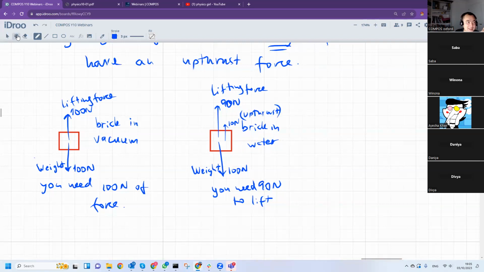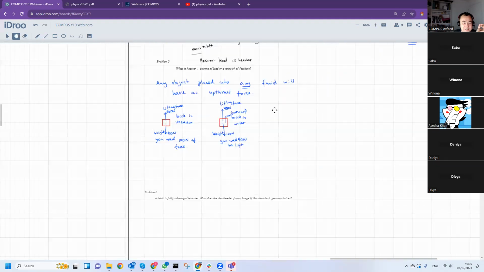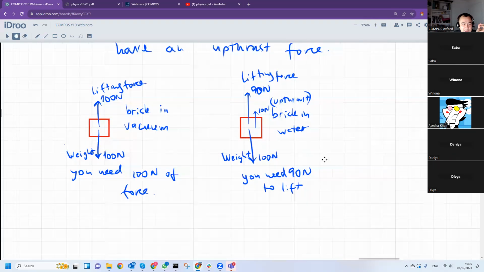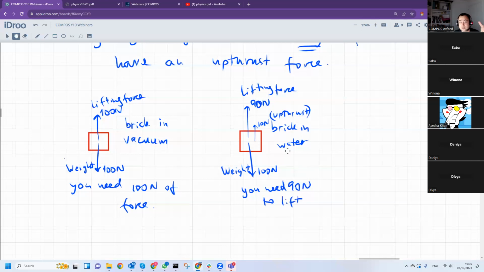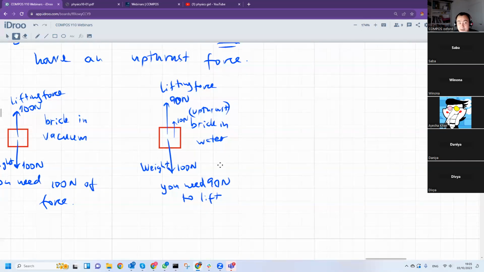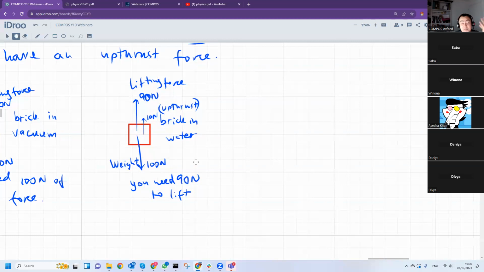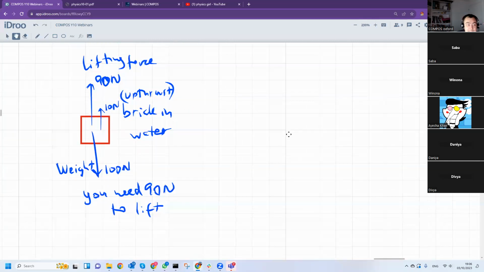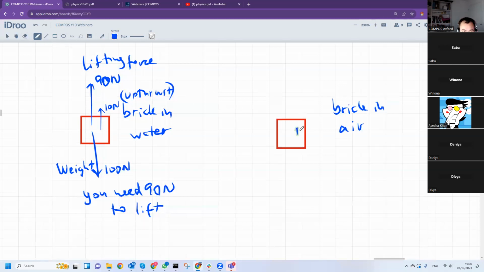Now, when you place the brick in water, it has an upthrust force. Brick in air also has an upthrust force, but much smaller. Let's do that. Brick in air. It has a teeny weeny upthrust force, maybe 0.001 newton.